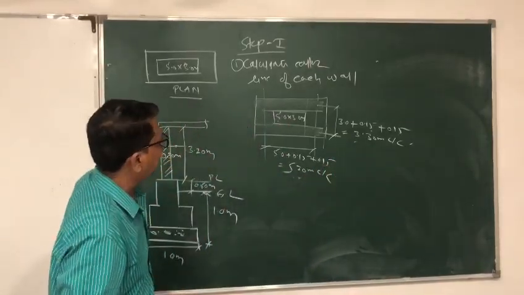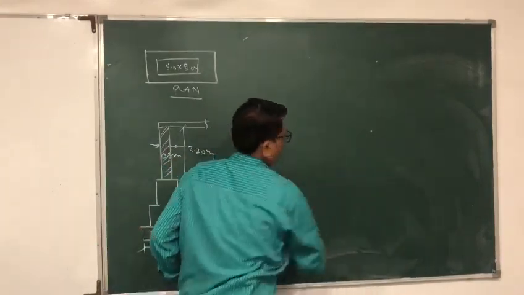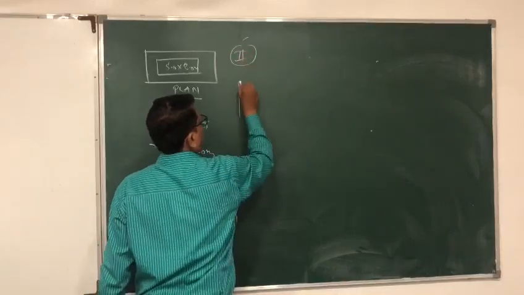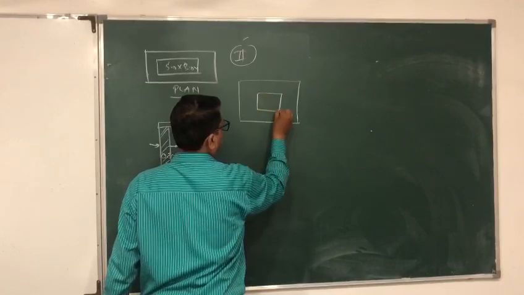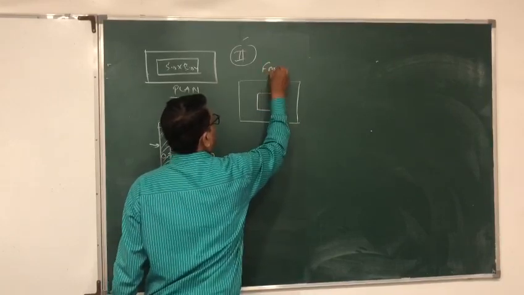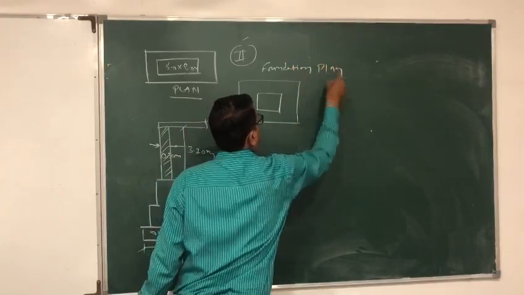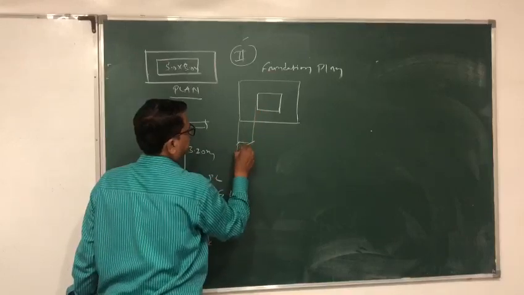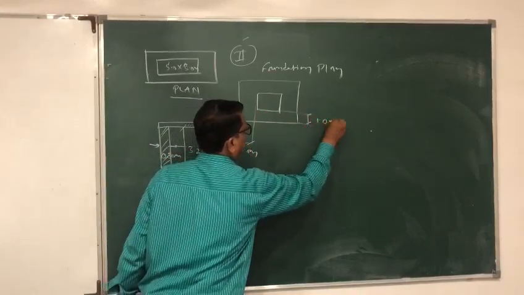Now the second step is to draw the foundation plan. This is the foundation plan. The width of the foundation is 1 meter, so this is 1 meter and in the horizontal direction there is also 1 meter.